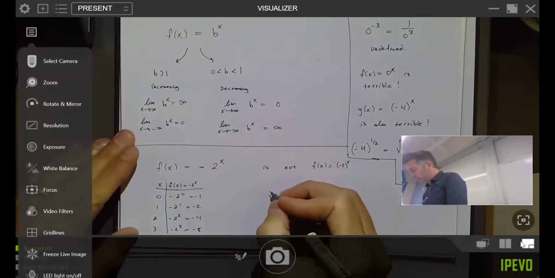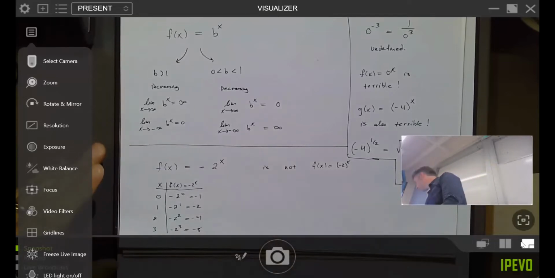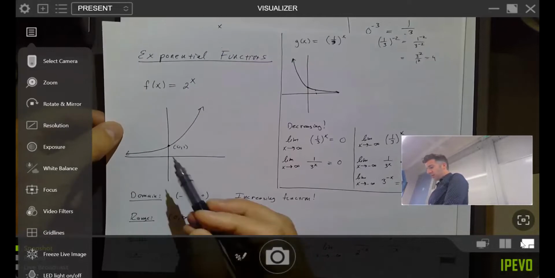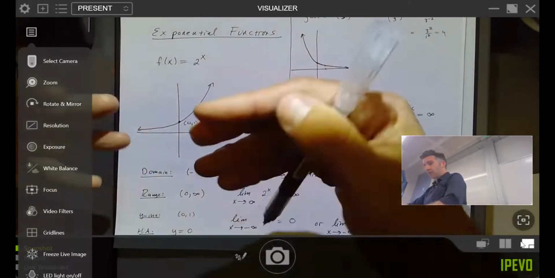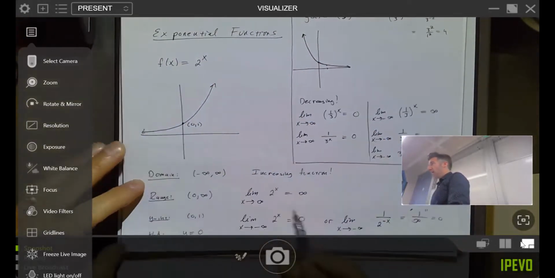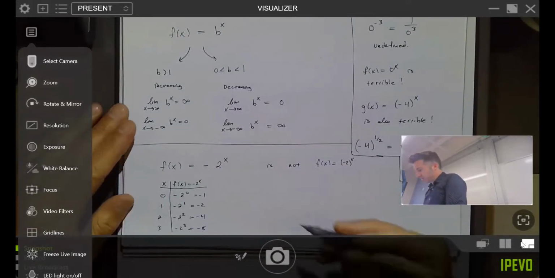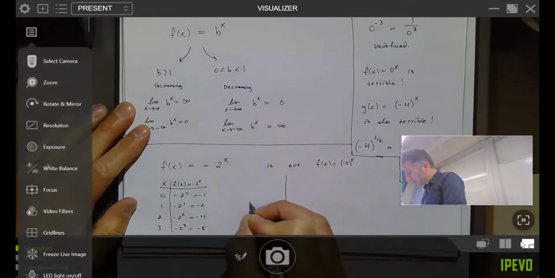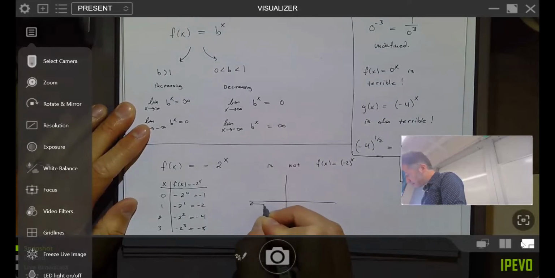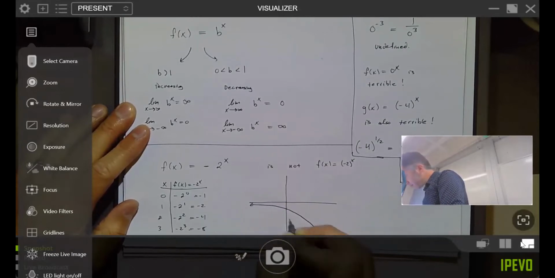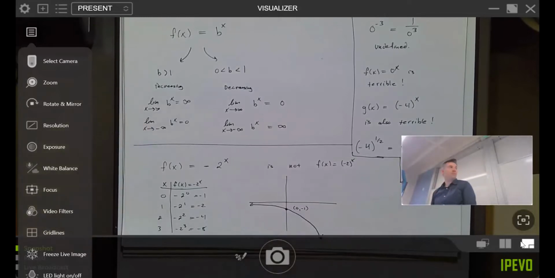So this graph, instead of looking like this, is going to get flipped over this way, so this is going to look like that.